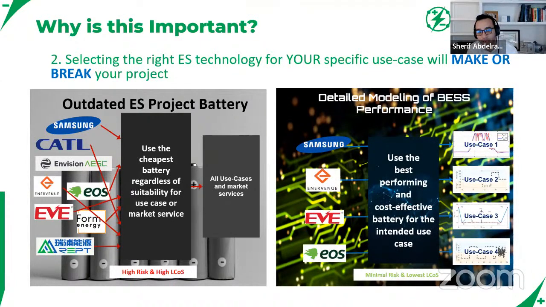I think previously, since the evolution of grid-tied stationary battery systems, the method developers followed to select the battery technology has been mostly: what's the cheapest battery with a performance guarantee we can get our hands on?